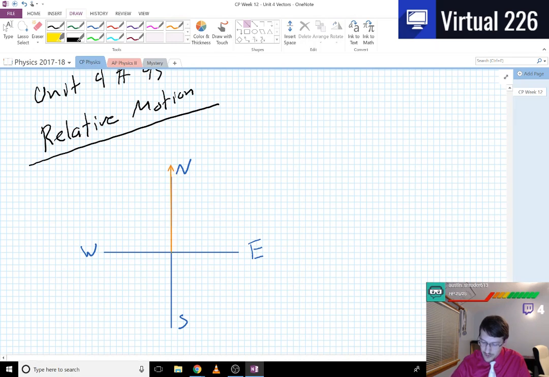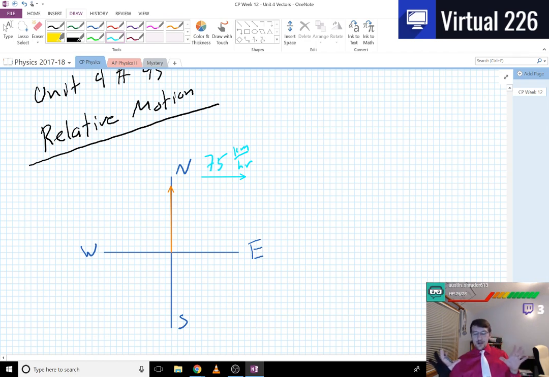We're shooting for this. This is what we want. But we've got a few things to deal with. The wind is pushing due east, and the wind is actually pushing at 75 km/h.